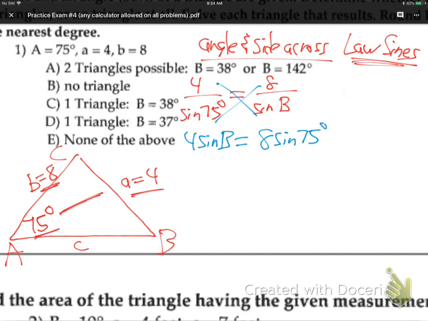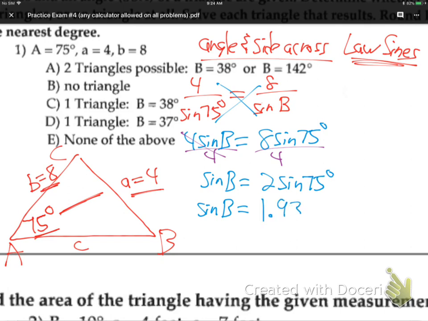So what's my next step to solve for B there? Divide by that 4, right? Boom. So then we get sine B equals 8 divided by 4, which is 2, times sine 75. Then just use your calculator. 2 sine 75, I'm getting 1.93185, whatever.